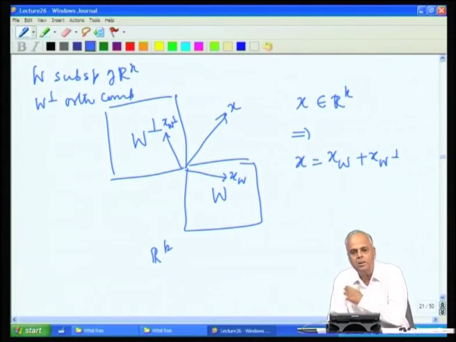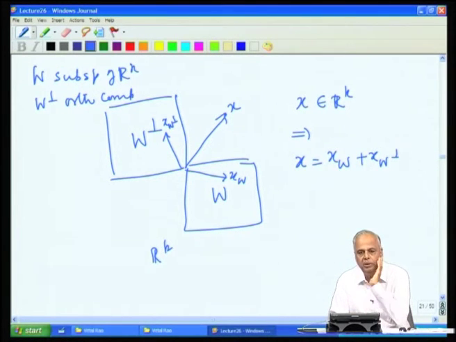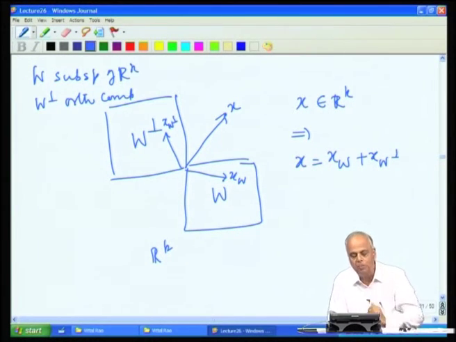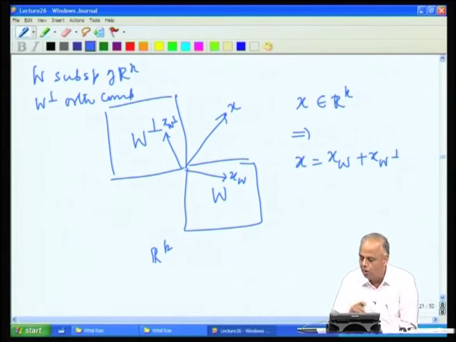Now, what is the role of this x_W? Suppose now we have this vector x and we do not have any information about W perp, and therefore we would like to get as much information about x from W alone.